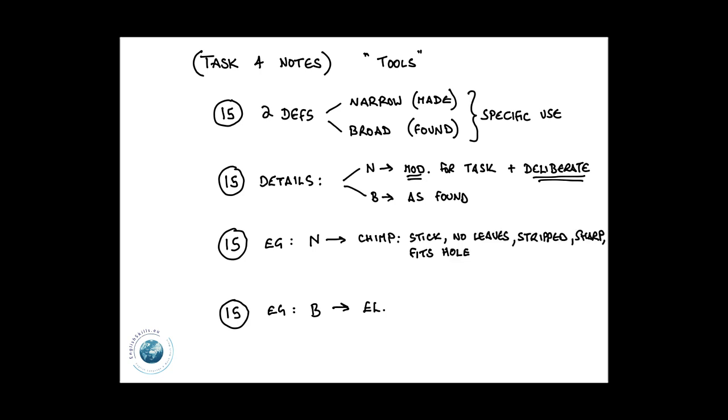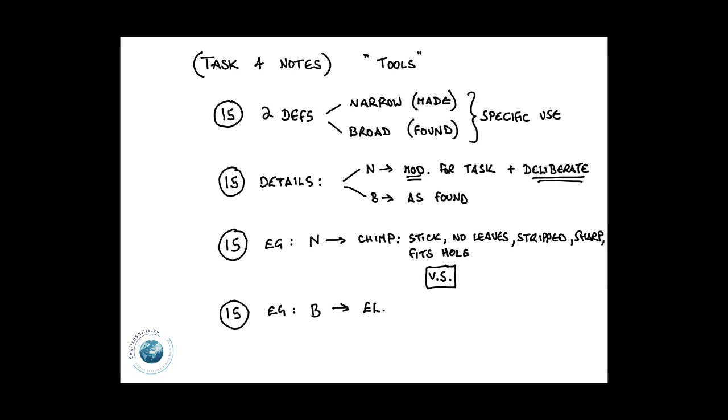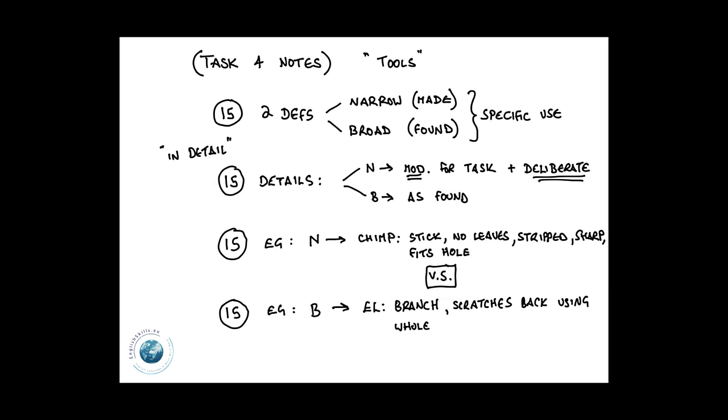No leaves, it's stripped, sharpened insects from a hole. If you are careful with your sentence structure, passive and active, you can fill 15 seconds with that. Likewise, with the elephant, by contrast, again, it's a contrast, so we can use those phrases. Branches or sticks found, no change, used as is. The elephant's just happy scratching his back.